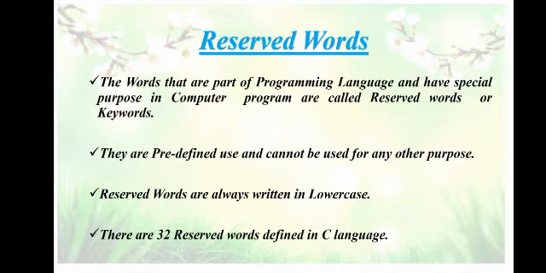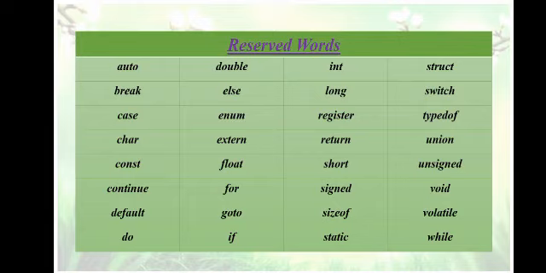A table is given in front of you: auto, break, case, char stands for character, const stands for constant, continue, default, do, double, else, enum, extern, float, for, goto, if, int stands for integer, long, register, return, short, signed, sizeof, static, struct, switch, typedef, union, unsigned, void means empty, volatile, and while.